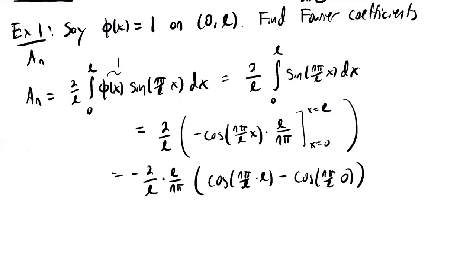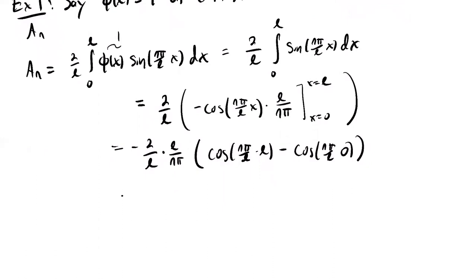Again, we're just using the fundamental theorem of calculus. And so this ends up being negative 2 over n pi. And in parentheses, I have cosine of n pi minus cosine of 0, which is 1. Right?